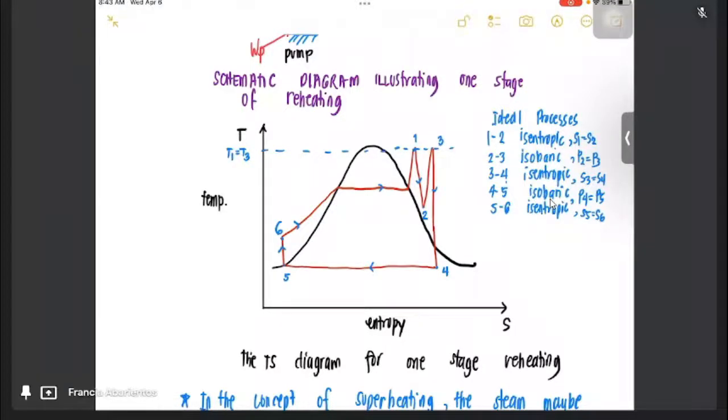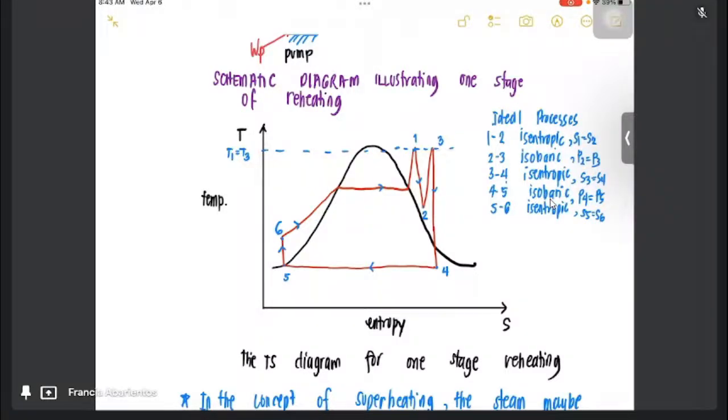But if the problem involves a pressure and using the given state, so from S1 to S2, if it falls under superheated, so sa labas siya. So this is an example of a superheated state at point 2, given at an existing pressure. So automatically yung pressure 2 mo is equal to pressure 3.